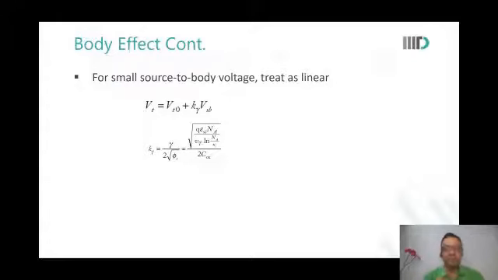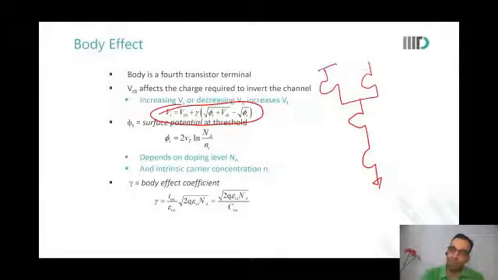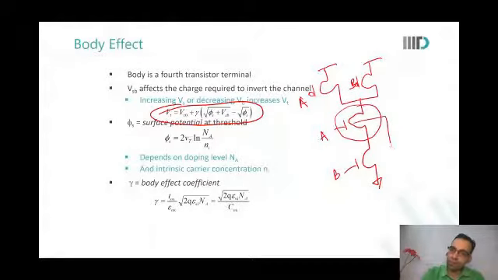Body bias, or even when we do not apply body bias, the very fact that my source and drain... let us talk of it in terms of the stack of an NMOS, of a NAND gate. Now this particular device, look at this, its body terminal is at ground.